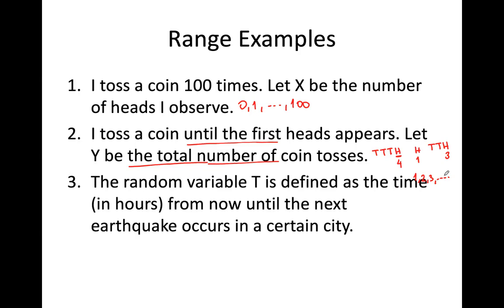So if we talk about the random variable t, which is a little bit different than the other ones, it is defined as the time in hours from now until the next earthquake occurs in a certain city, in Indonesia, for example. Okay, what would be the range? t will be a real value, which is not an integer this time, a positive real value.